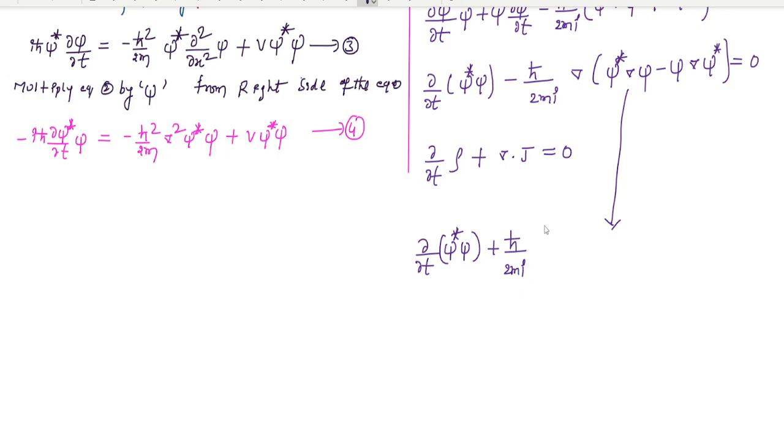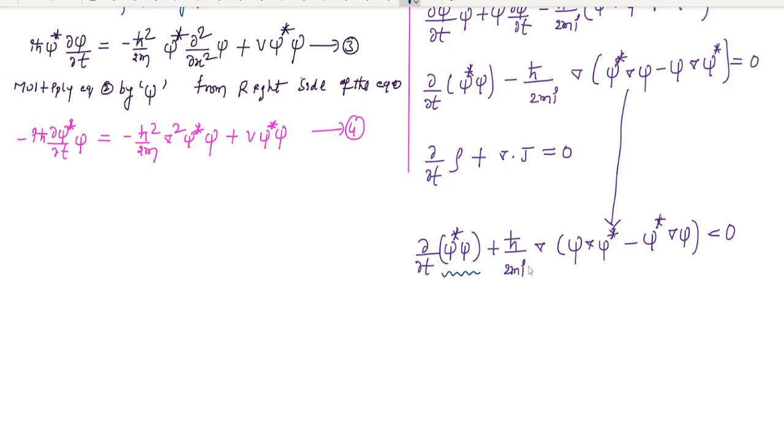2mi, ∇, ψ ∇. I hope you understand this one. Okay. Just I'm interchanging these portions and the minus also. Okay, this is our standard equation. This term represents the probability density.